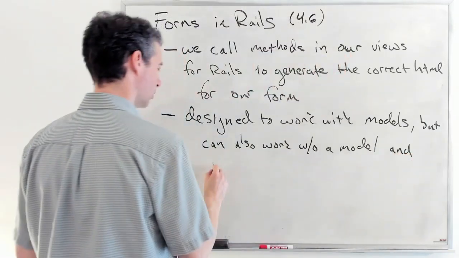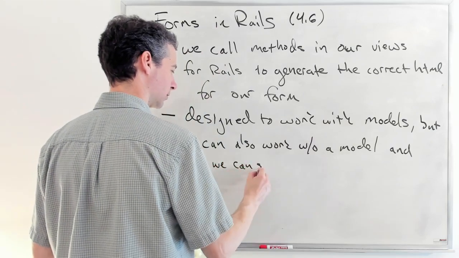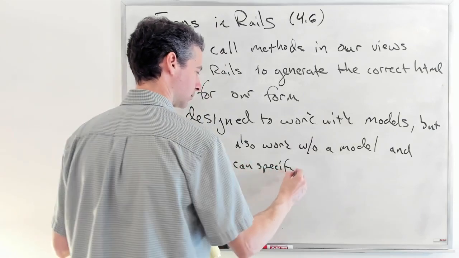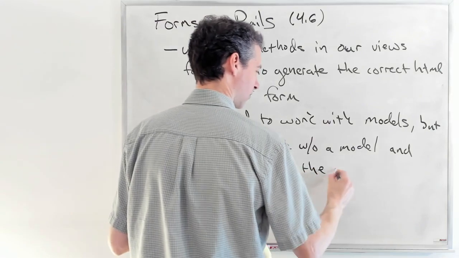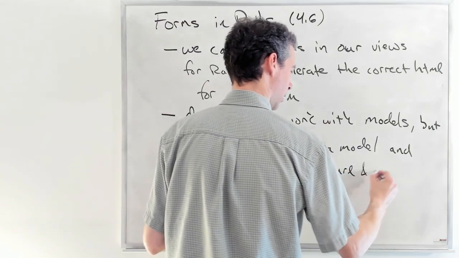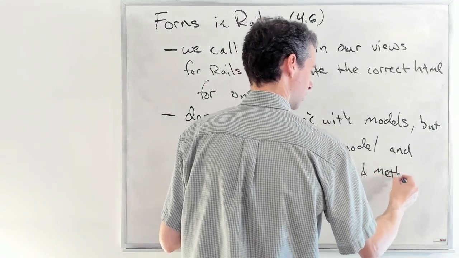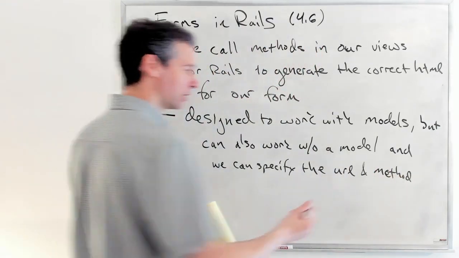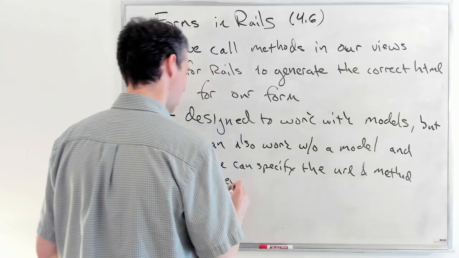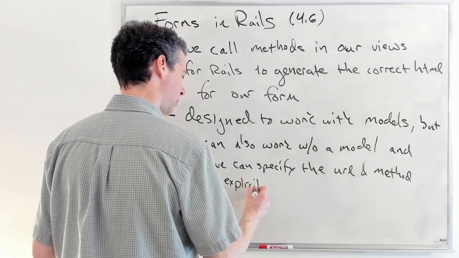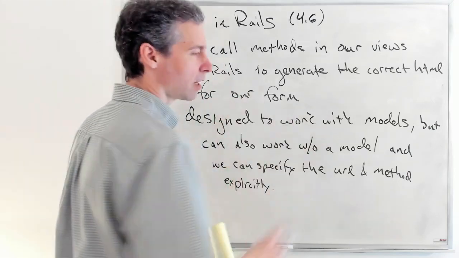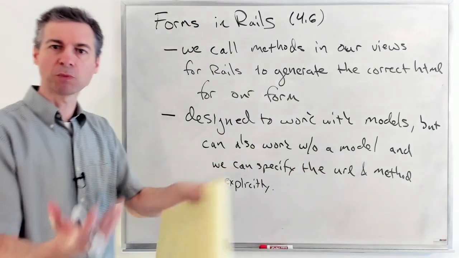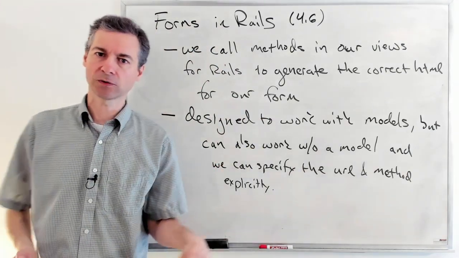And, you know, we can specify the URL and method. So this is whether or not it's a get, a post, etc., explicitly. So you can basically be like, yeah, I'm going to use this model and I'm going to get all this default functionality.